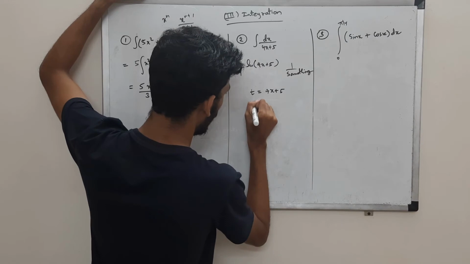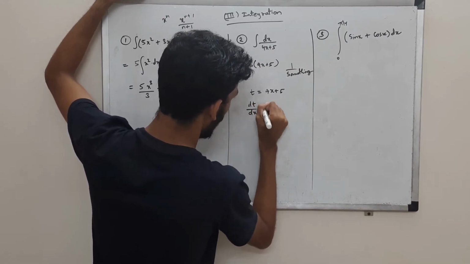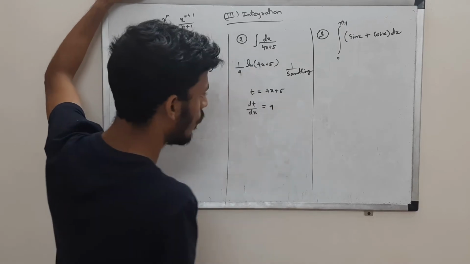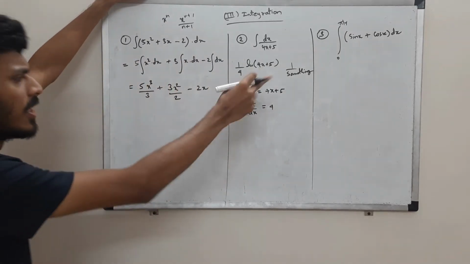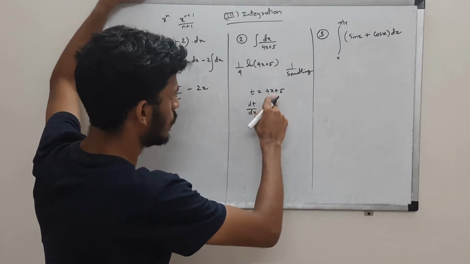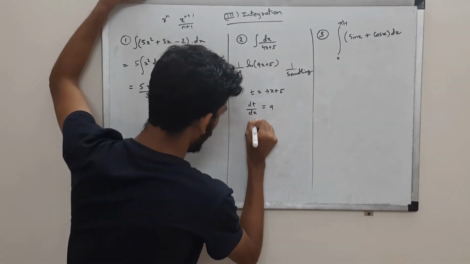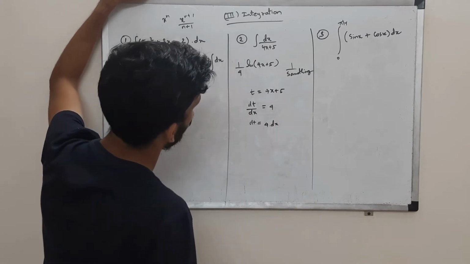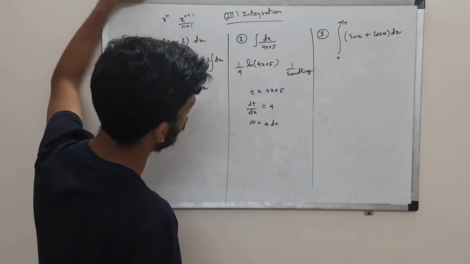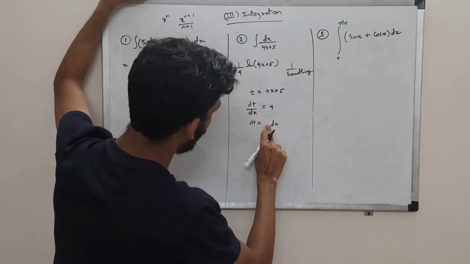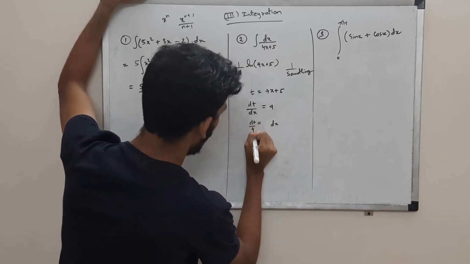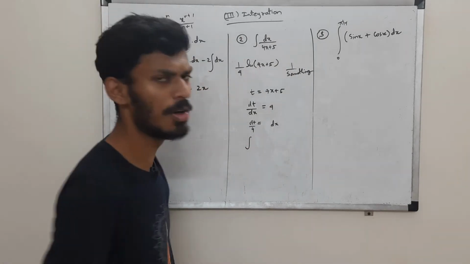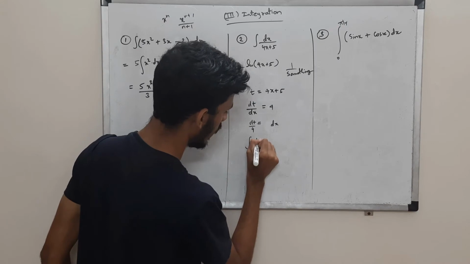Now differentiate it with respect to x. dt by dx: the differentiation of 4x is 4, and 5 is a constant. So dt will be 4 dx, or actually we'll write dx as dt by 4. Because here in the equation we have dx, so we'll substitute everything in terms of dt and t.